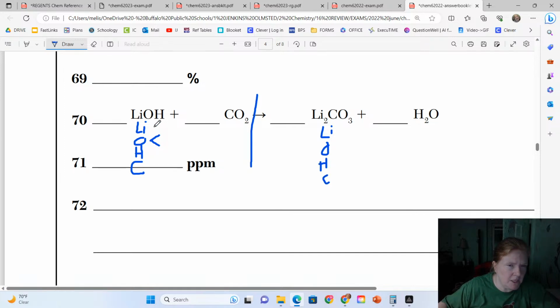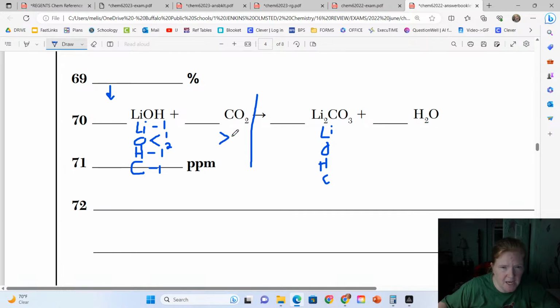But now watch, how many Li's do I have? 1. How many O's? In the first spot, 1. How many H's? 1. How many C's? 1. How many O's do I have here? 2. So I have an O here and an O here. Why do I split them? Because if I put a coefficient here, it doesn't change these oxygen, okay?